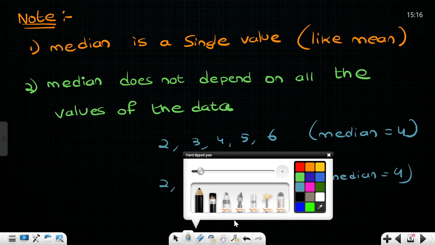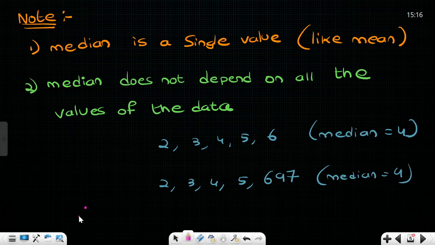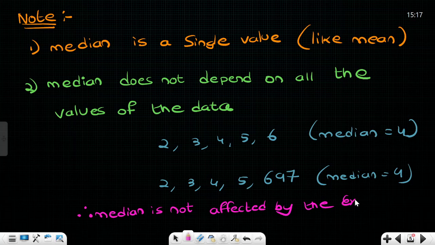Therefore, median is not affected by extremely high or low scores.